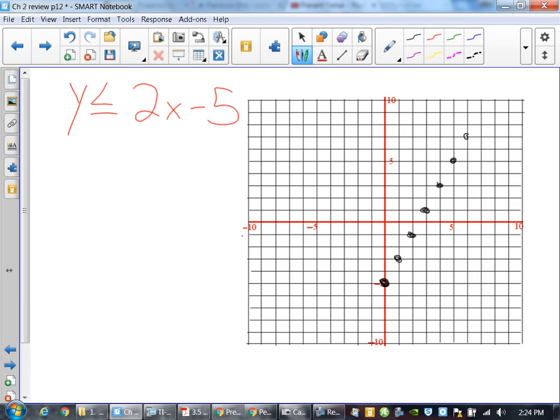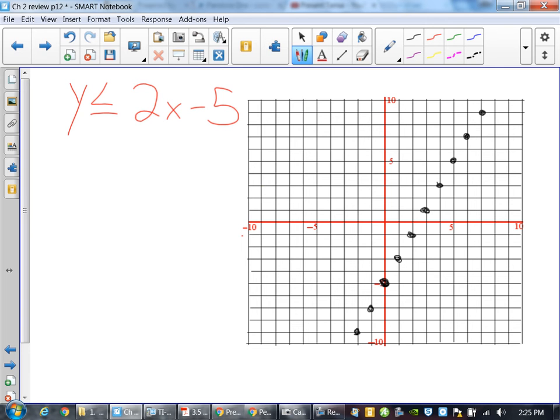Sorry, it was a little fuzzy when the copiers aren't very good. Now, let me show you a couple things. First of all, when I do these types of graphs, I like to over-graph the problem. I like to extend it all the way through the entire 10 by 10 grid that I use. Now, if you recall, when you did these types of graphs, you had to ask yourself a question right off the bat.